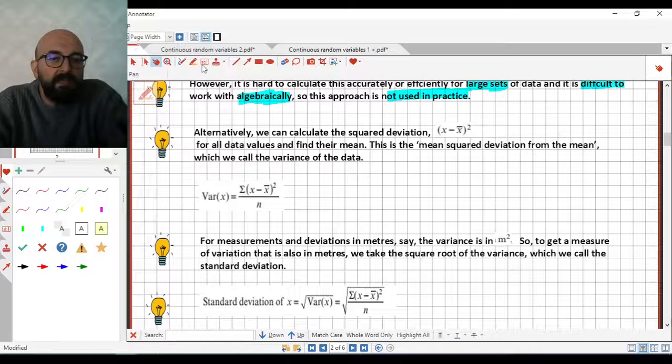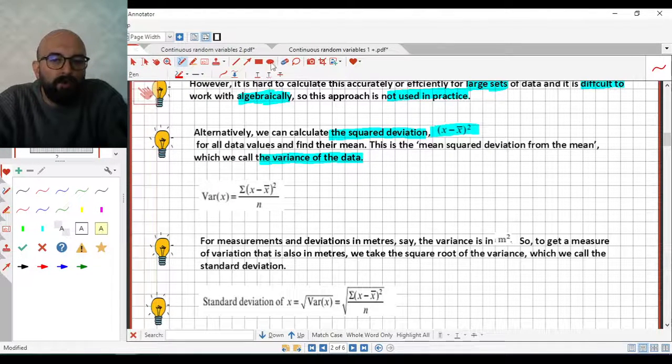So we should use an alternative formula, the square deviation. It means taking the squared distance between all data values and the mean, and finding their mean. This is the mean square deviation from the mean, which is called the variance of the data.